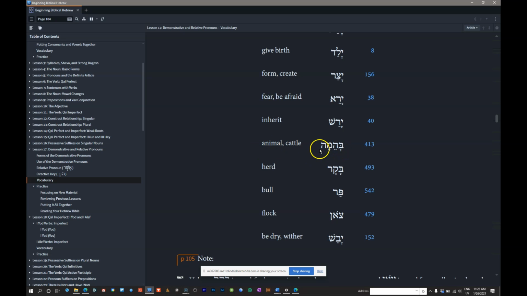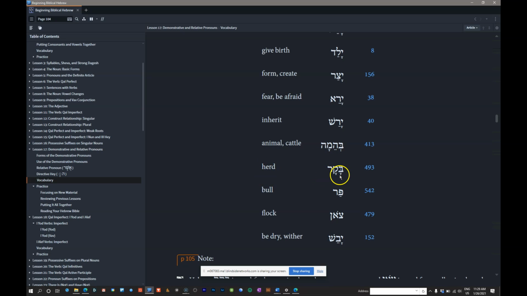So, behema, a pretty common mnemonic for behemoth is to think when you see behema, think behemoth, the really large animal. The only thing you have to be careful of is that behema is specifically a domesticated animal. So it's not a wild animal, it's a domesticated animal, and behemoth might make you think wild, so that's where you've got to be careful.